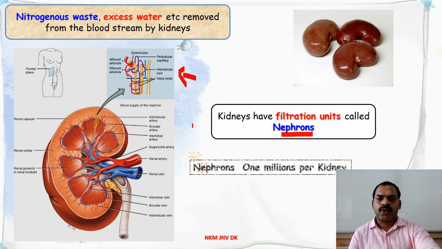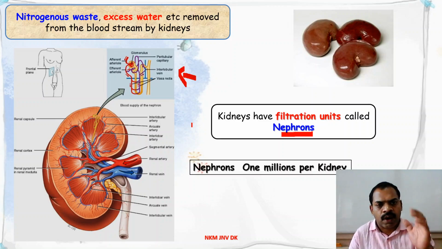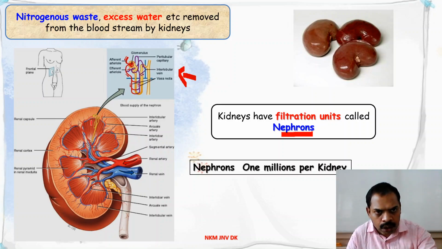And around 1 million nephrons are there in each kidney, a large number, 1 to 1.5 million in every kidney. So this is only one shown here. Here all full of nephrons, and here all full of nephrons. You can see in the renal pyramids, full of nephrons.